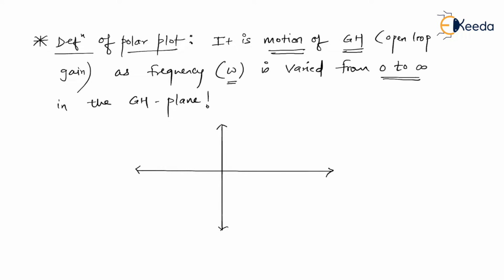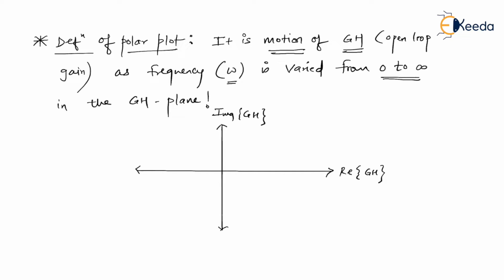You know that GH is basically a complex quantity. So when I'm saying a complex quantity, it will have a real part as well as an imaginary part. So what we have on the x-axis is the real part of GH, and what we have on the y-axis is obviously the imaginary part of GH. So this is basically called the GH plane.